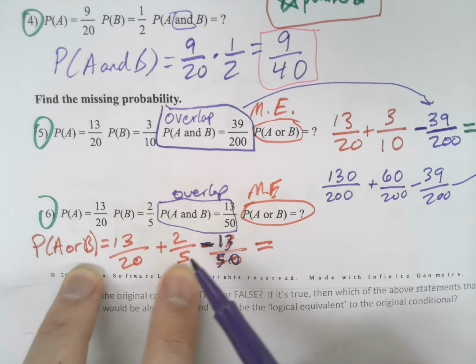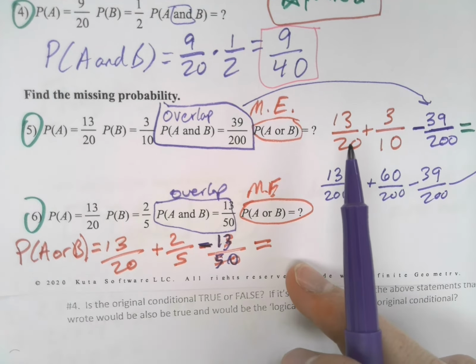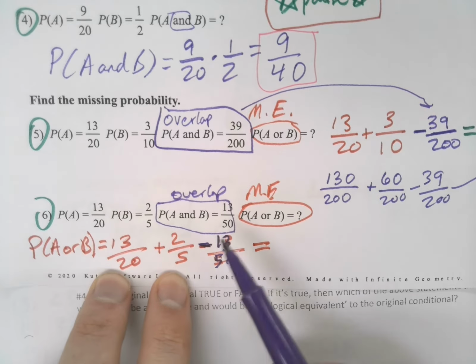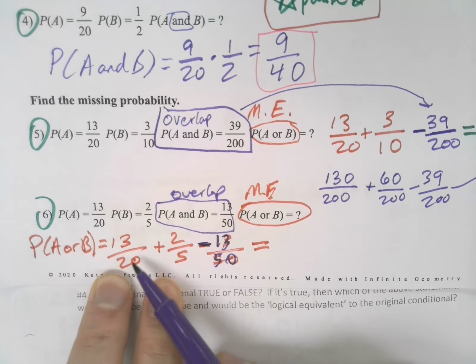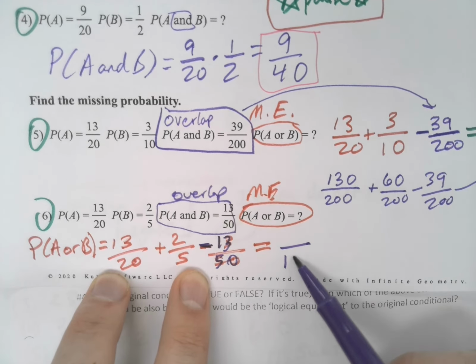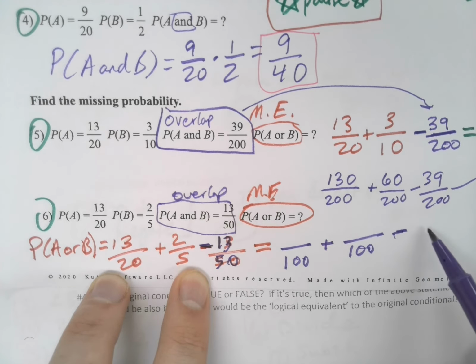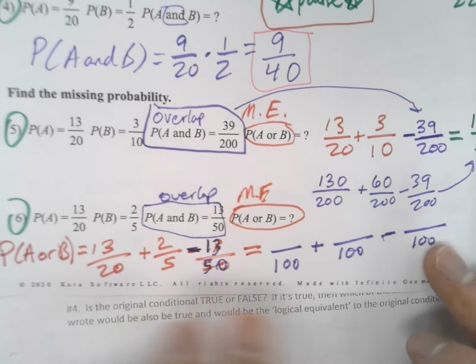So I'm thinking, what goes into all 3 of these? Now, again, you could just do this on your calculator, but I'm thinking 25 and 50, they can all go into 100. So 100 plus 100 minus 100 there.